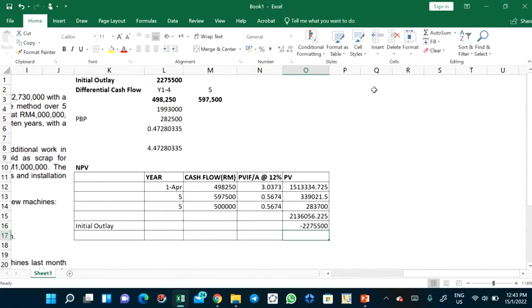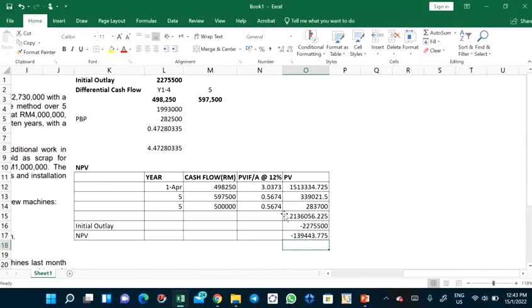And NPV will be negative 139,443. You round offkan terus pun boleh. Okay, so dia akan jadi 44 lah.